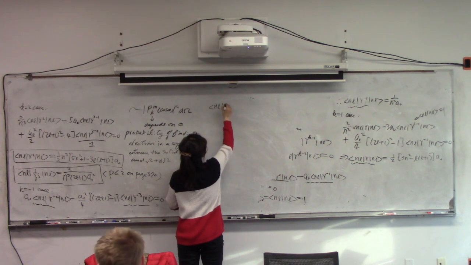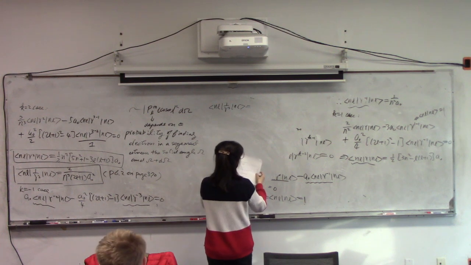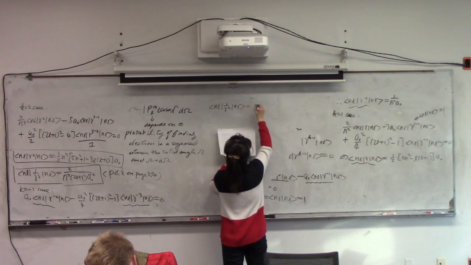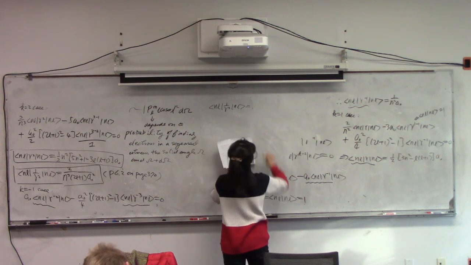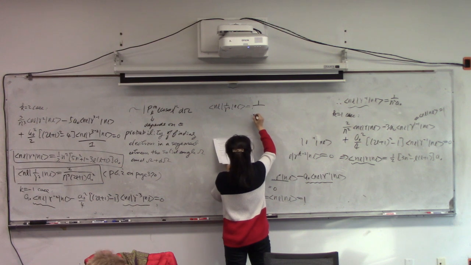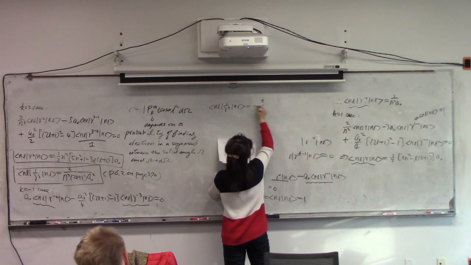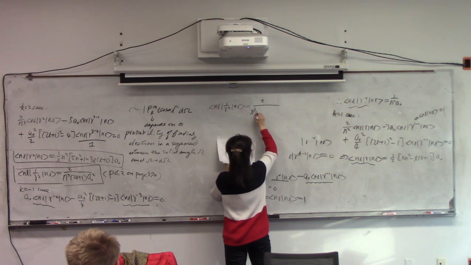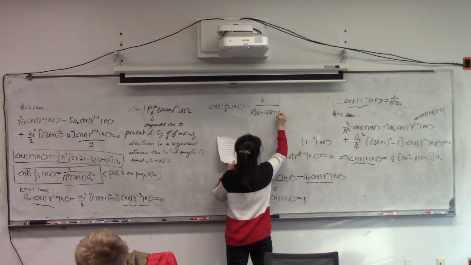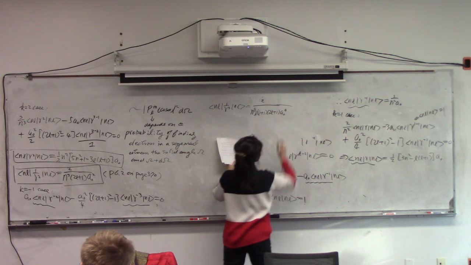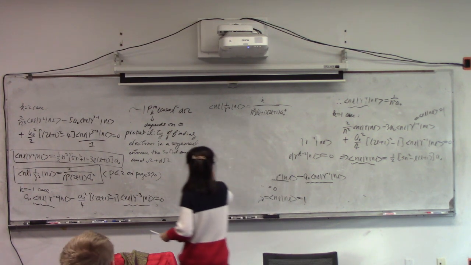So N L 1 over R cubed and L is equal to 2 over n cubed L plus 1, 2L plus 1 n naught to the 4th power.